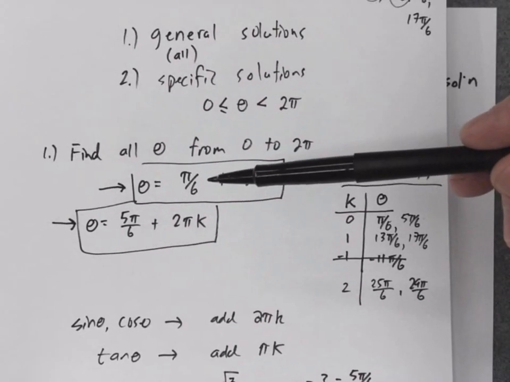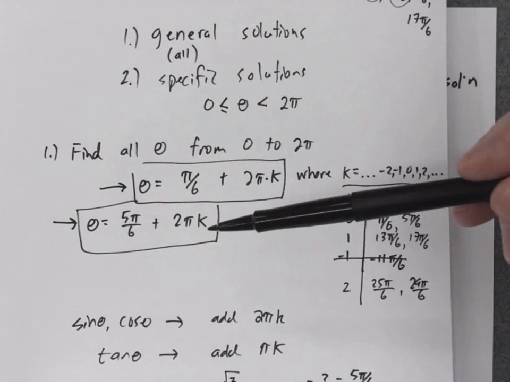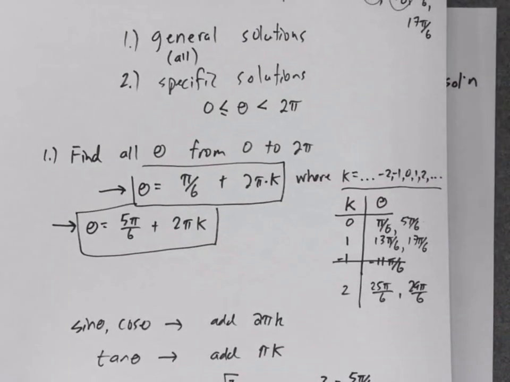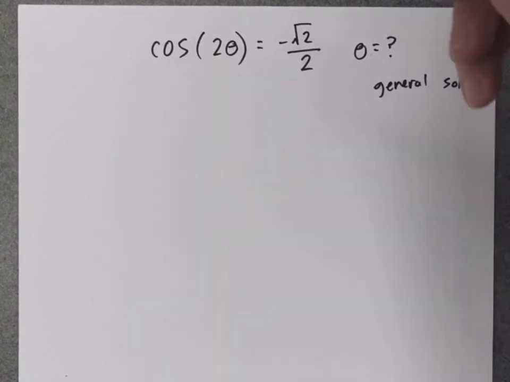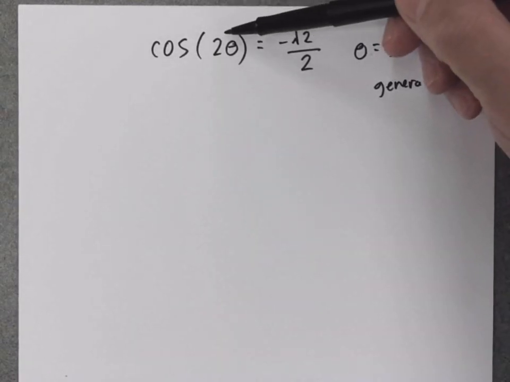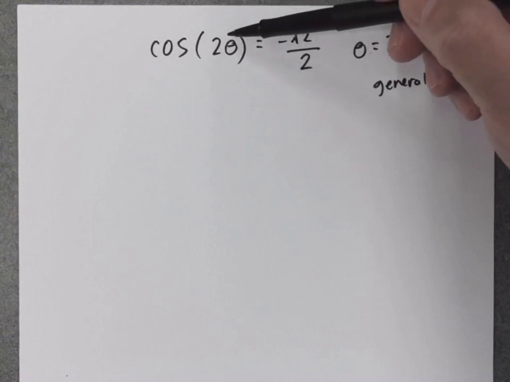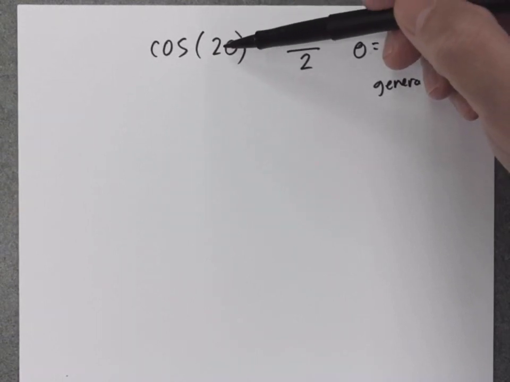You take one trip around the unit circle and you add 2 pi k to both your solutions. So that's what we're going to do here. But the big thing that's going to make this problem more difficult and involve extra work is, let's look inside the trig function. You notice inside the trig function is 2 times theta.